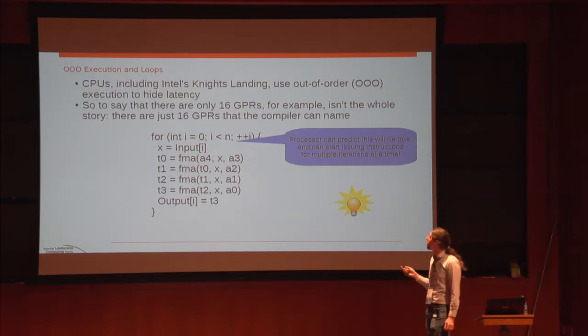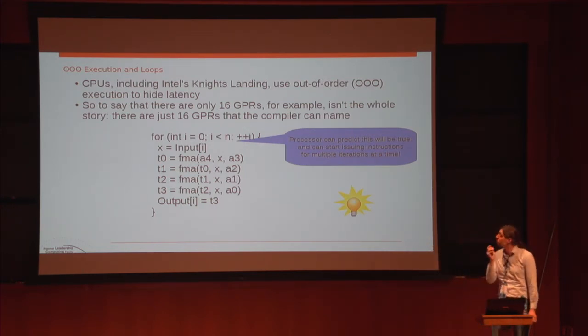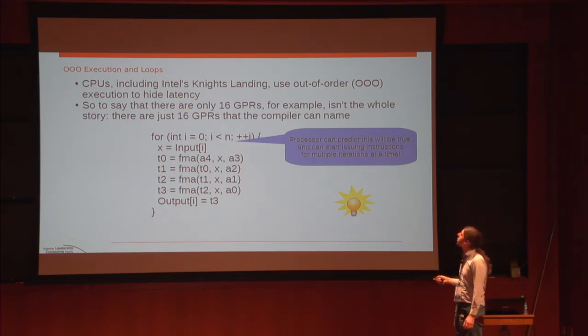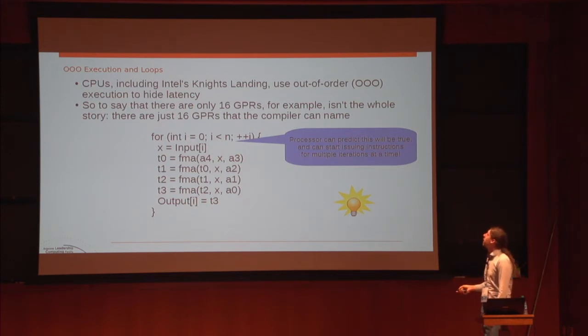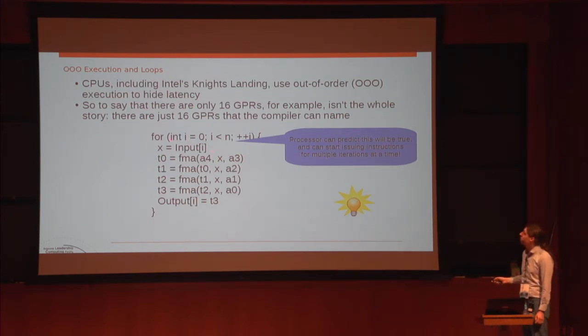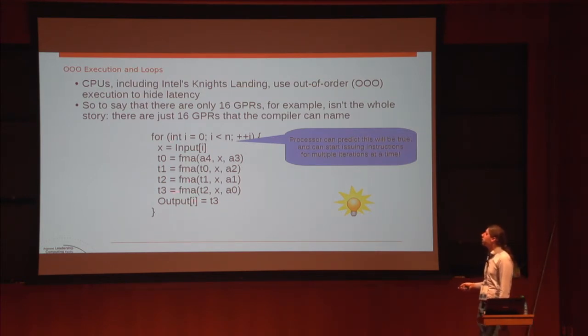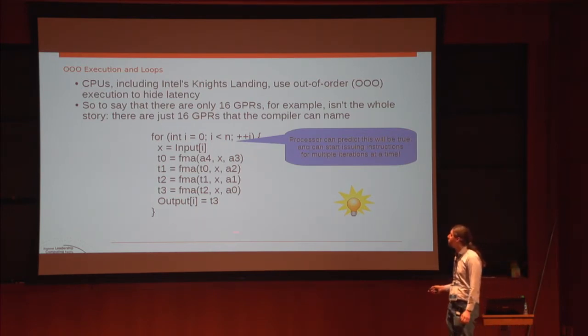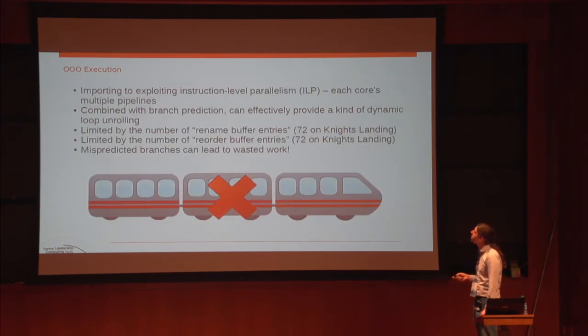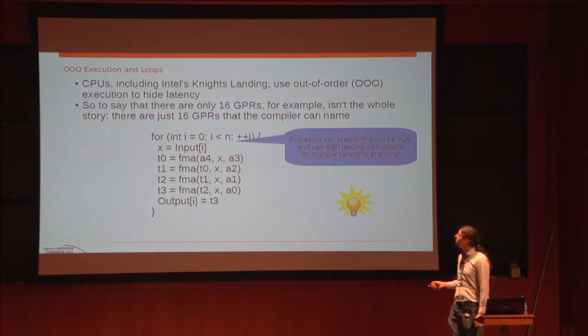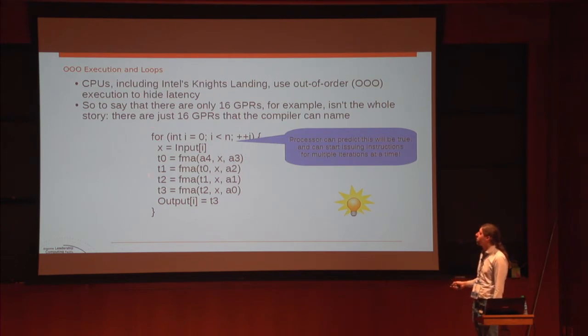And another thing which is really important to understand the performance of code on an architecture like Knight's Landing is to look at the fact that it has out-of-order execution. Out-of-order execution means that the processor can run through and start executing instructions before it finishes executing even instructions that they depend on. And it can do this speculatively. So here, for example, the processor might start executing the first iteration of the loop. It will get to the ending of the loop.